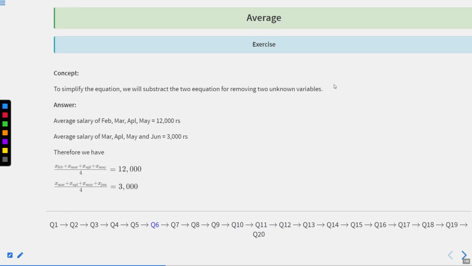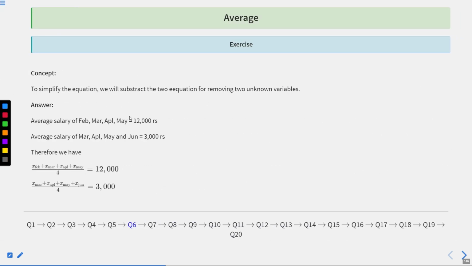The concept that will be used here: to simplify, we will subtract the two equations to remove the unknown variables. First, let us see what information is provided. The average salary of February, March, April, May is 12,000 rupees. The average salary of March, April, May, June is 3,000 rupees.